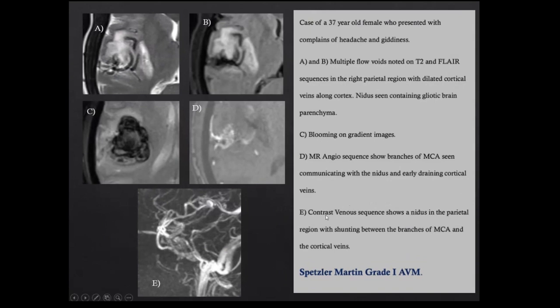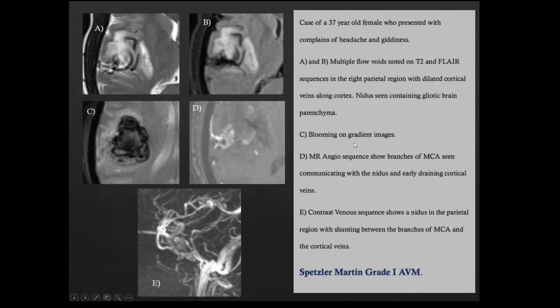The next case is of a 37-year-old lady who presented with complaints of headache and giddiness. Figure A and B revealed multiple flow voids on T2 FLAIR sequences in the right parietal region with dilated cortical veins along the cortex. Nidus is noted containing gliotic brain parenchyma.